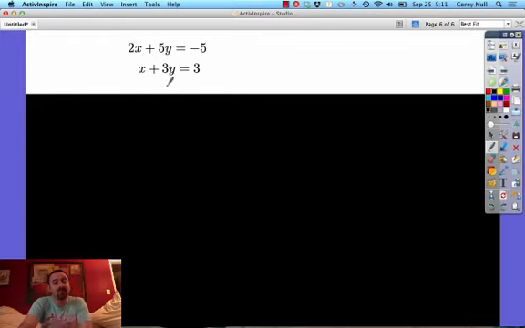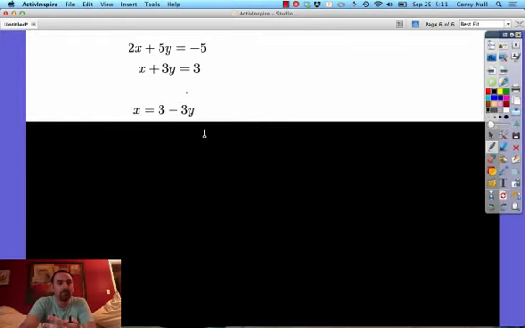So I'm going to have x equals, and here's how I do it. x equals 3 minus 3y. Good. So I've got x equals 3 minus 3y. Now I'm going to take this x, and if we're assuming that these two equations somehow combine and therefore they intersect, then I'm looking for the x that is common between both equations, so I should be able to plug this in to my first equation.